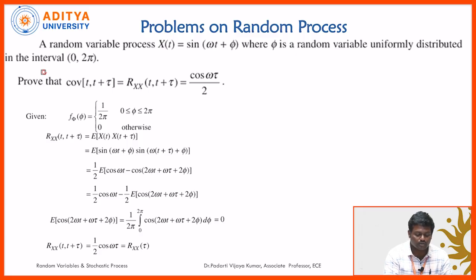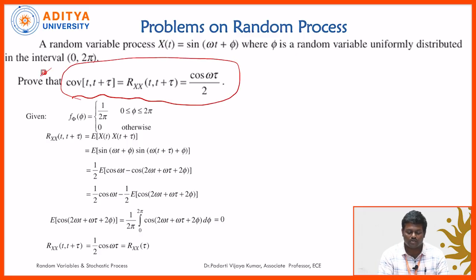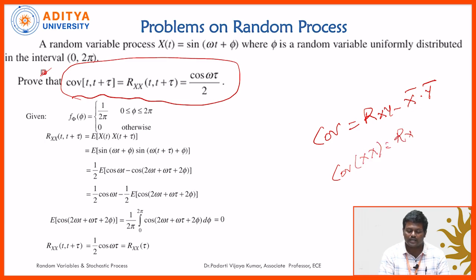Here we are asked to compute the covariance. The formula of covariance is Rxy minus x bar times y bar, where x bar is the mean value of x and y bar is the mean value of y. If it is the same function, covariance of x is equal to Rxx minus x bar whole square.